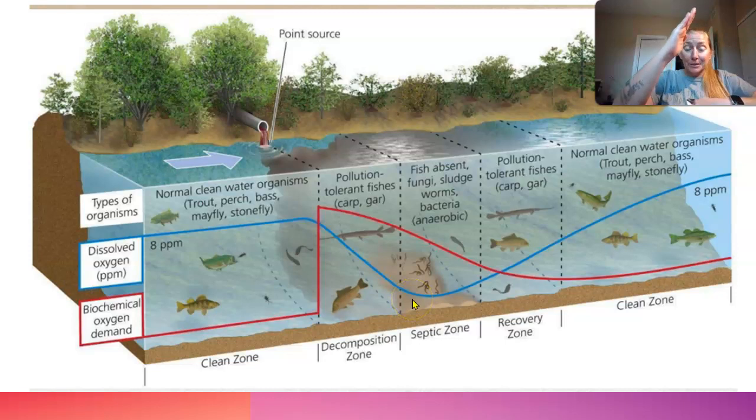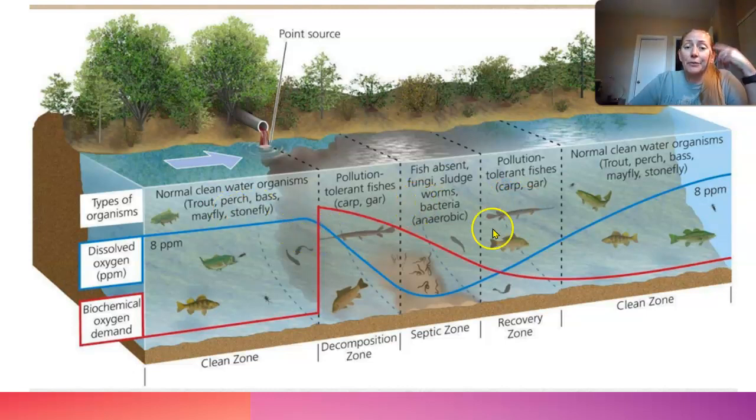It's an inverse relationship. As we get a little bit further away from that source of pollution, going down the river a little ways, the BOD is going to begin decreasing, and slowly the dissolved oxygen will begin increasing. And you can see what's going on here. You've got different organisms that are present. The organisms that you have in these different sections are based on the amount of oxygen.